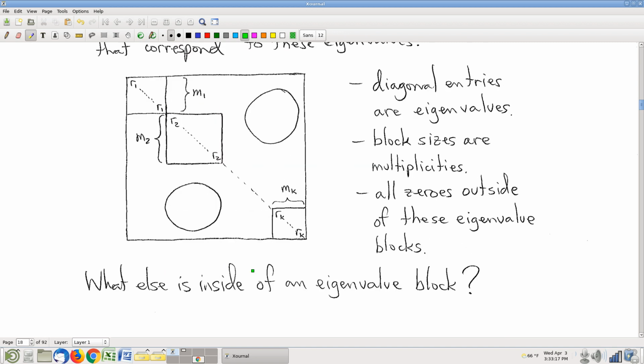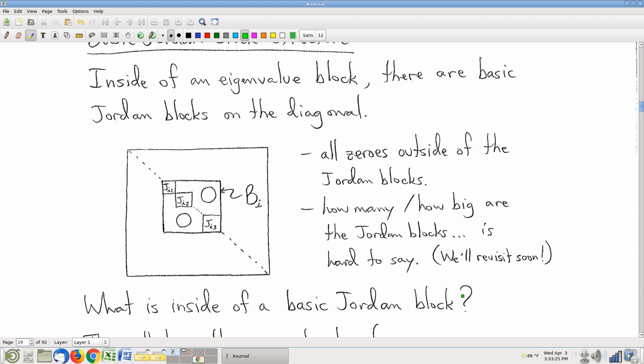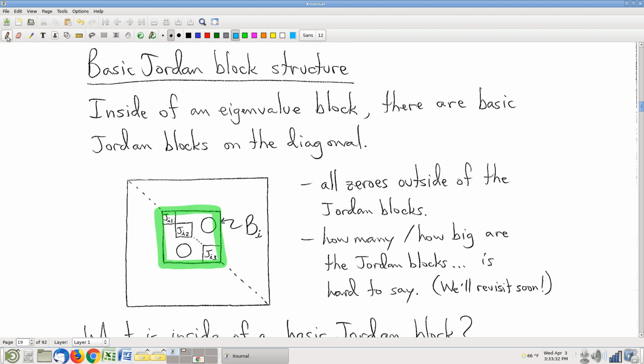Okay, so here's our eigenvalue block. And let's talk about what's inside that eigenvalue block. So here it is again. There's that eigenvalue block. Inside of an eigenvalue block are things called basic Jordan blocks. More blocks.